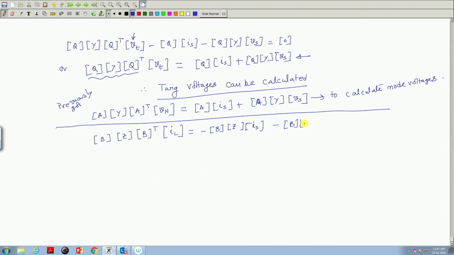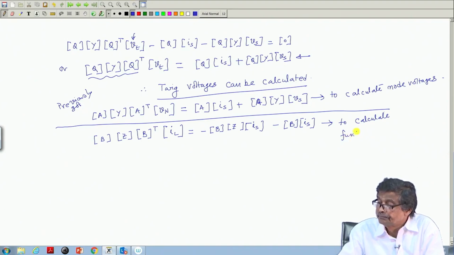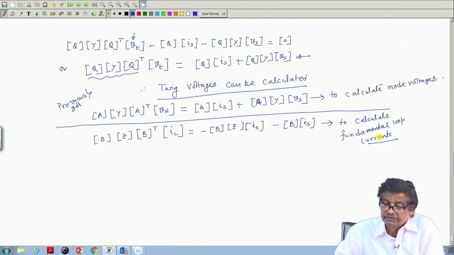So, right hand side is the source, clear. From this you will get the fundamental loop currents, and if you know the fundamental loop currents, then this is to calculate fundamental loop currents. If you know the fundamental loop currents, you have solved the circuit, it is understood.